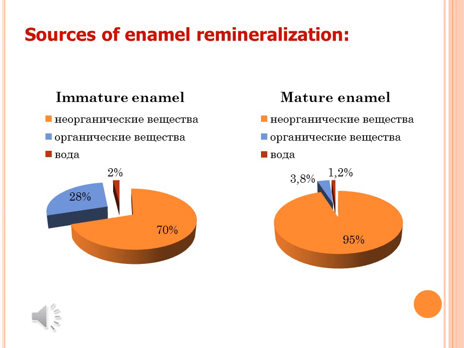Fluoride plays an important role in enamel maturation, the amount of which gradually increases after the eruption of the tooth. The additional introduction of fluorine reduces the solubility of the enamel and increases its hardness.